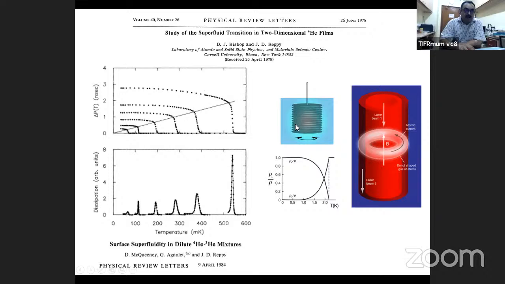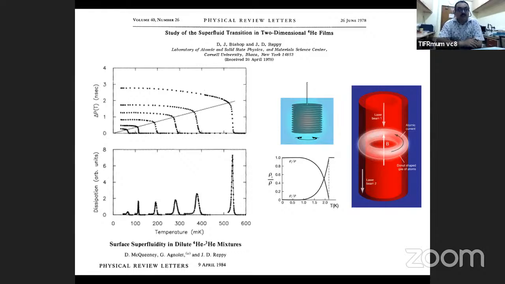The moment you undergo the normal to superfluid transition, the viscosity goes to zero, and because of that, the resonant frequency of the oscillator changes.